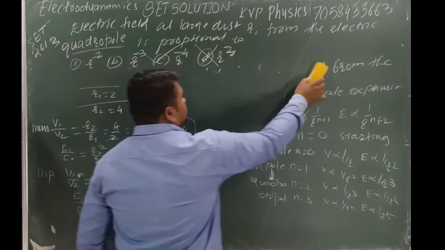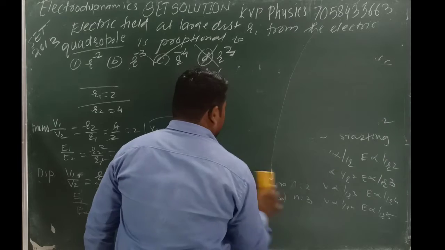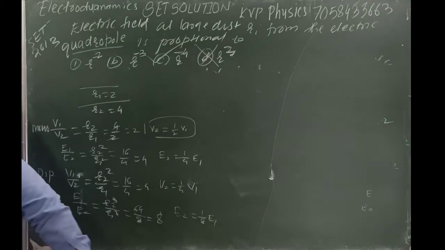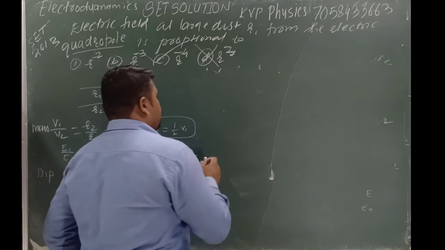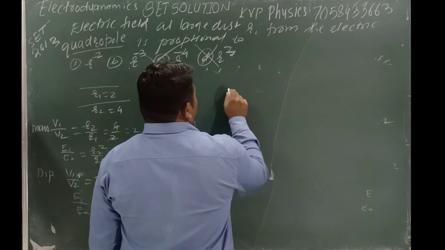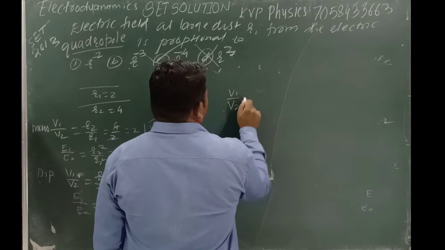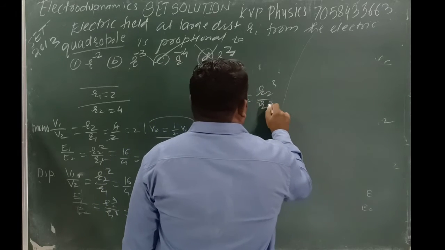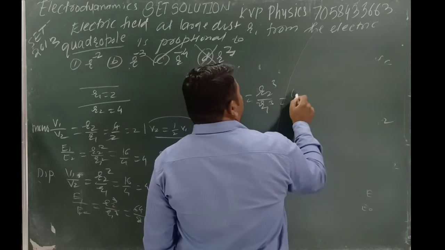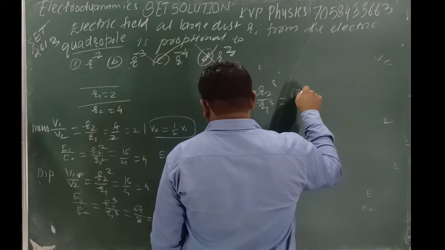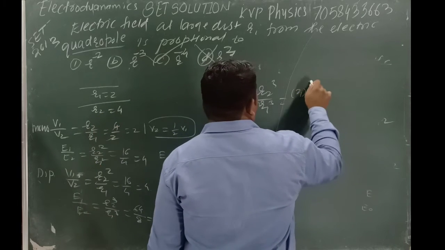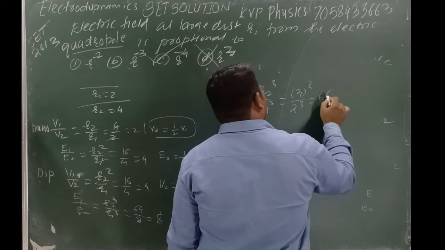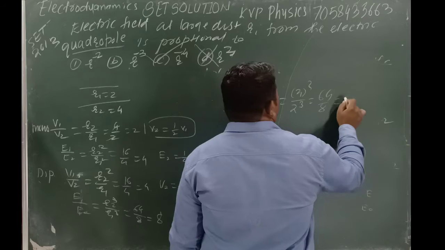Next for quadrupole. Same problem. For quadrupole, V1 upon V2 is equal to R2 cube upon R1 cube. R2 is equal to 4, so 4 cube upon 2 cube is equal to 64 upon 8, which is how much? 8.